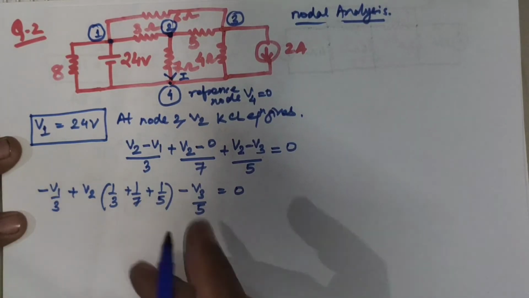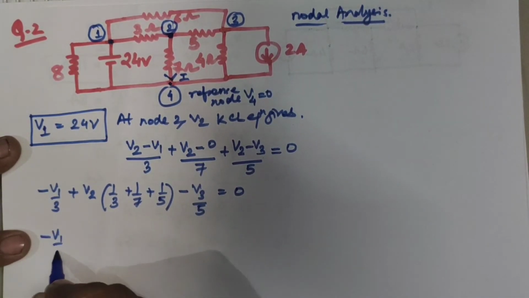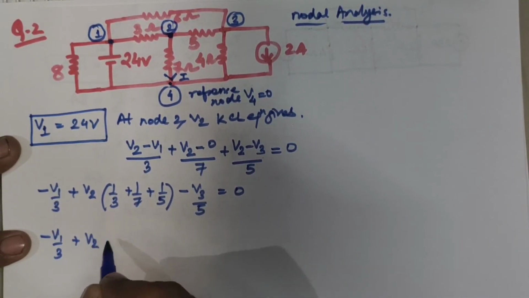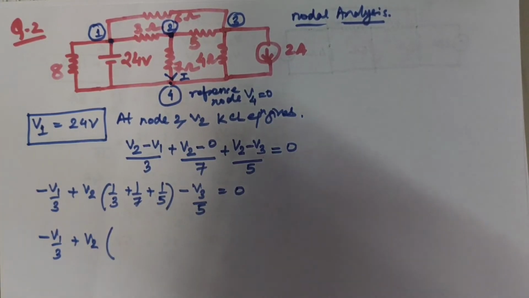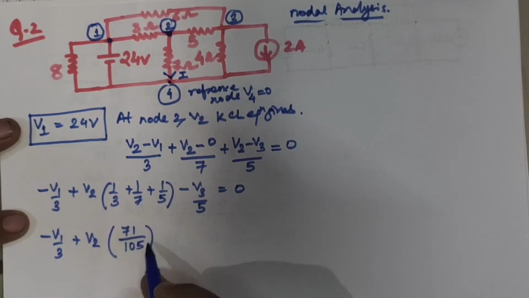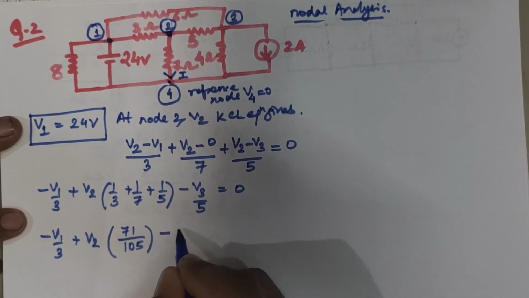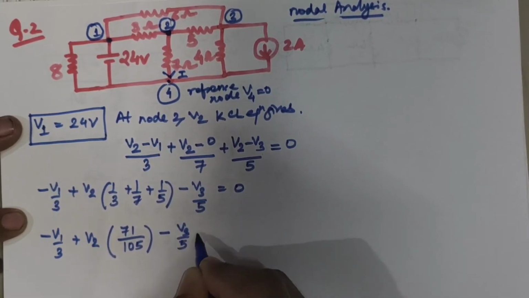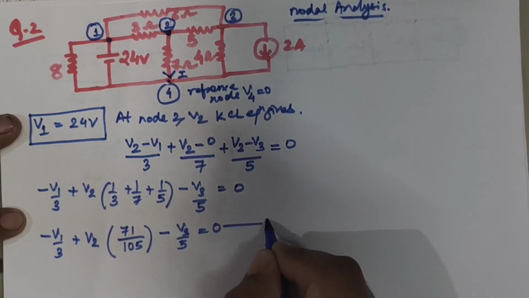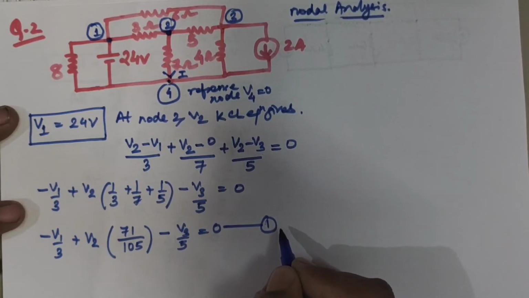So it will be minus V1 by 3 plus V2 times 71 divided by 105, minus V3 by 5 equals to 0. So it is our equation number first.